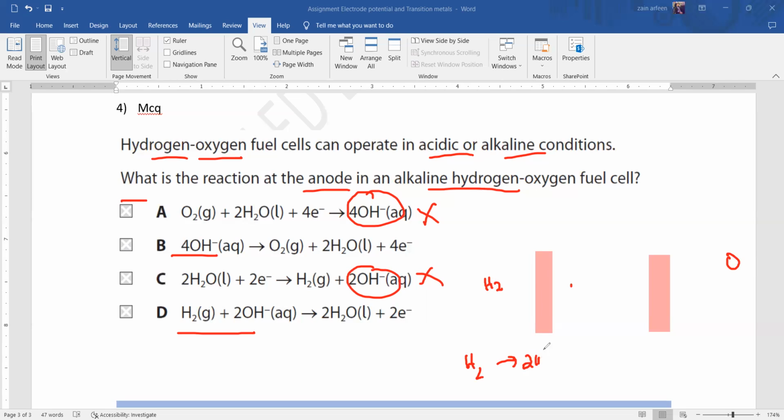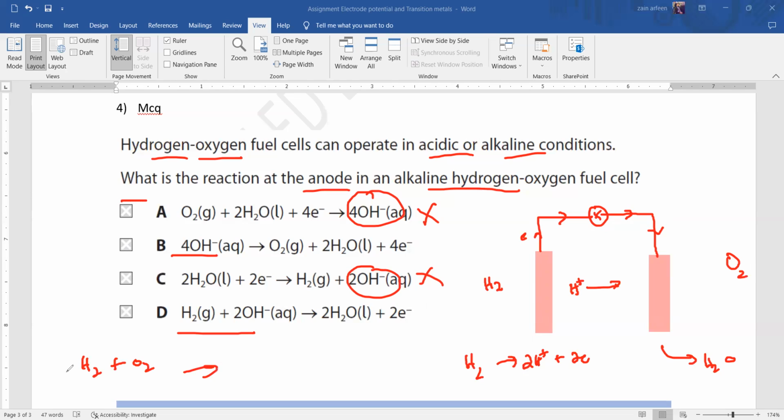It will dissociate, or break down, into protons: the H2 molecule will break down into 2 protons plus 2 electrons. The electrons will travel in the external circuit. The protons are here, the electrons travel in the external circuit, and they combine with oxygen to give off water. That is the overall equation, in acidic or alkaline condition: 2H2 plus O2 gives 2H2O.